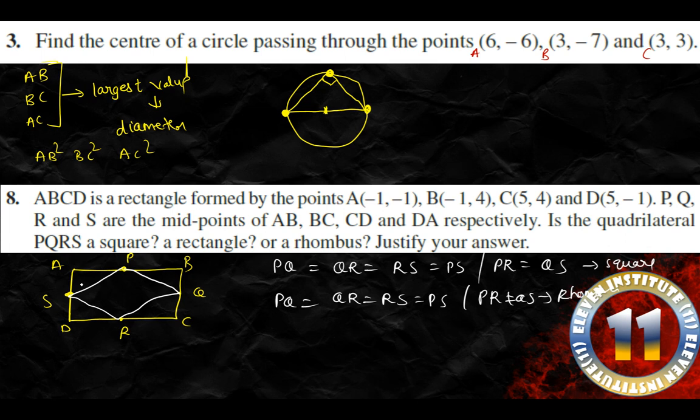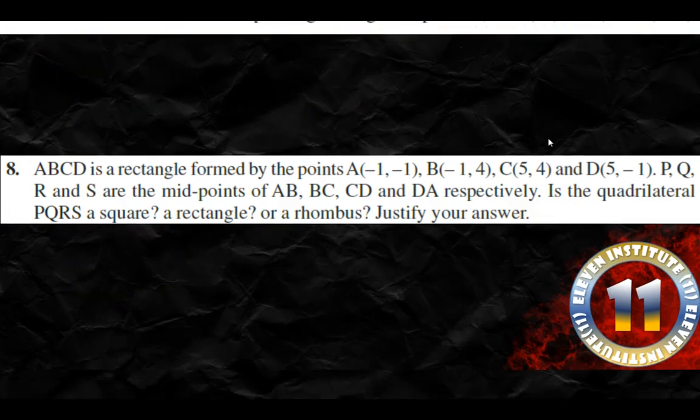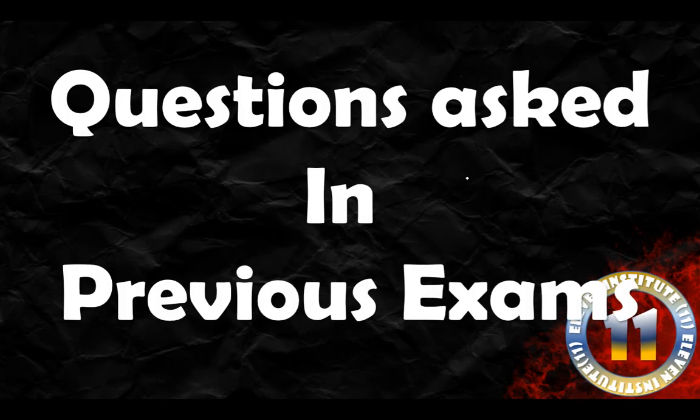If opposite sides are same and the diagonals are same, for example PQ is equal to RS and QR is equal to PS and PR is equal to QS, right? Then that is definitely a rectangle. So any of these three will come. Again a good sum. Try both of them in your CW. In case of doubts, you can contact me. Right? Now let us solve the questions asked in board exams.